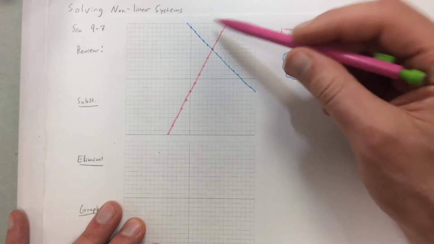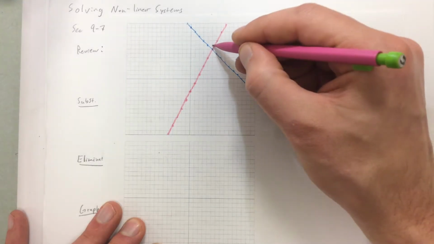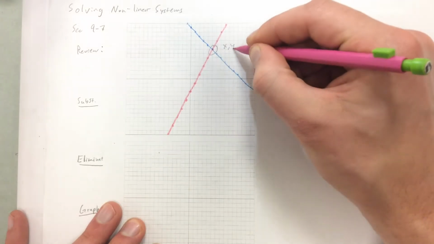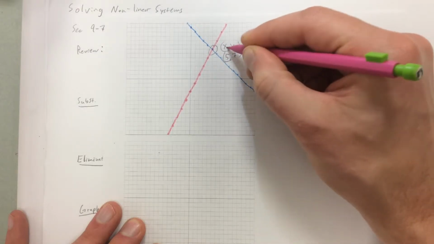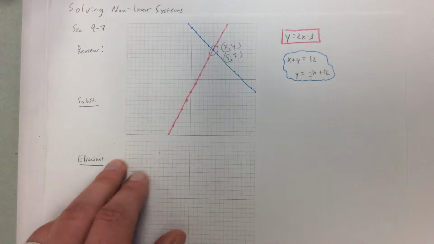I start at 12, down 1 over 1, down 1 over 1. And where they intersect is, of course, the answer. That'd be 5, 7. So x is 5, y is 7. So that's just a short review of the different ways that we solve traditional linear systems.